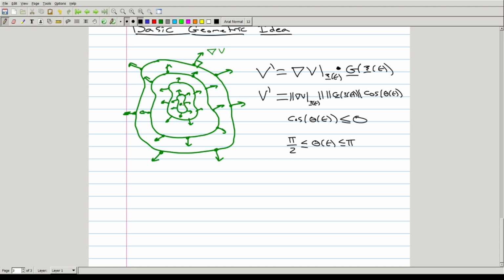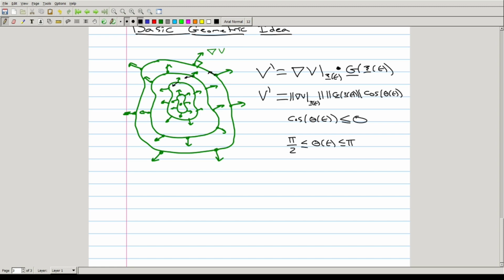So if this is a local minimum, we know the gradient vector is always pointing away, and that necessarily means that the solution has to either be perpendicular to the gradient vector or at an angle greater than pi over 2. So it can't point in any direction of positive increase in V. It always has to point in the direction of decreasing V.